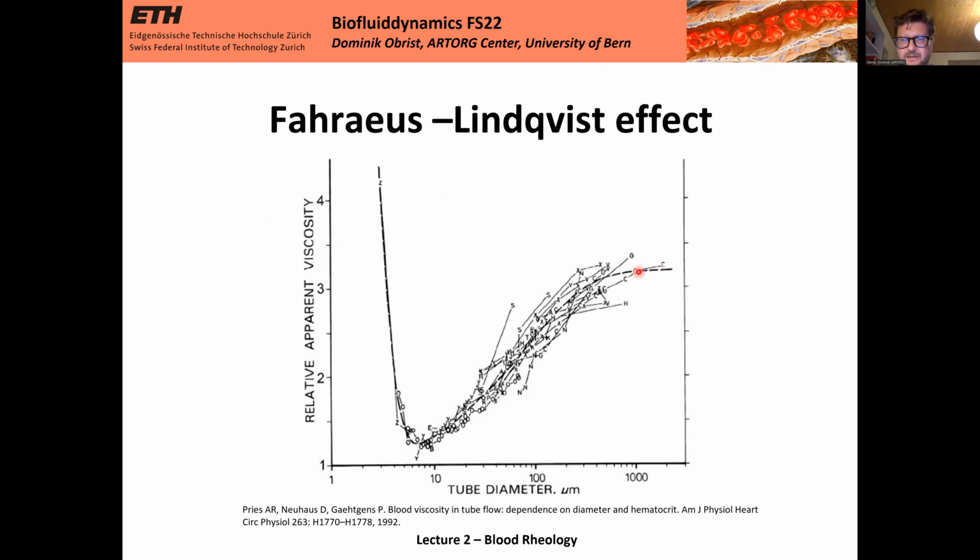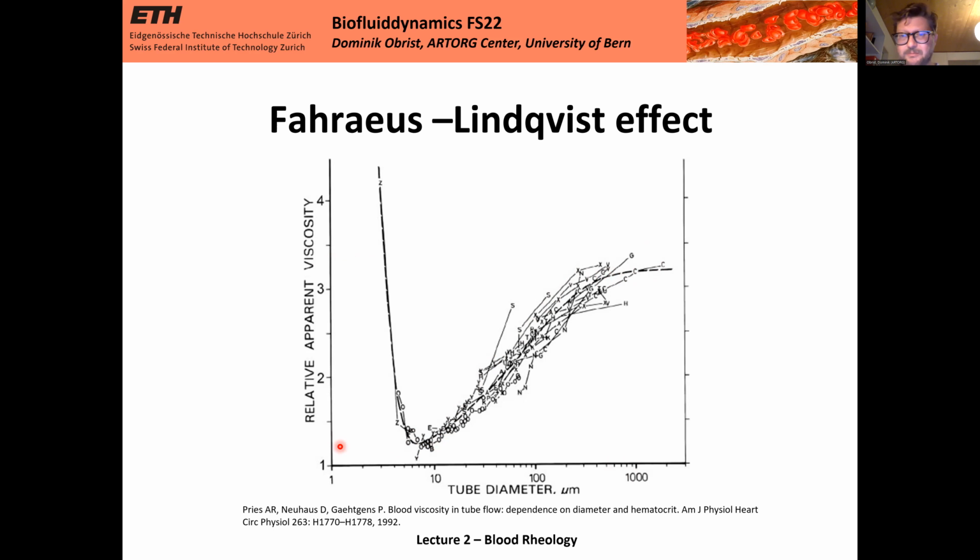We have here, for larger vessels, for the millimeter larger, we have this apparent viscosity of, I think that's around 3.5 here in that case. And if we go to smaller vessels down below, let's say 8 microns, we have a reduction of the viscosity nearly by a factor of 3. And that's quite dramatic. 3 times lower viscosity in the smallest vessels in the capillaries.